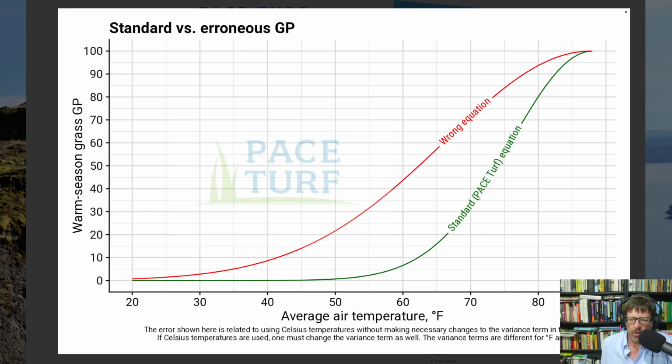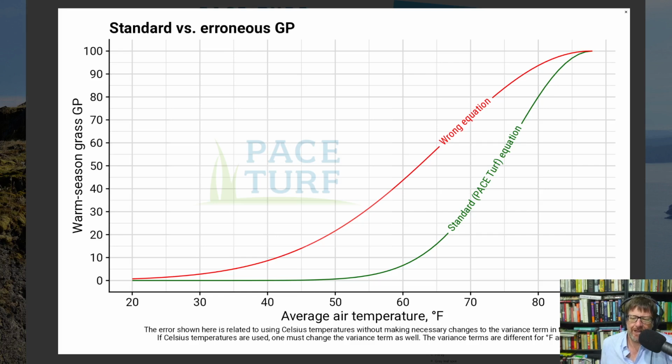On the horizontal axis is the average air temperature, and it goes from 20 degrees Fahrenheit in this case, which is maybe 6 or 8 degrees below 0 Celsius. And it goes up to the optimum air temperature of exactly 87.5 Fahrenheit, which is about 31 degrees Celsius.